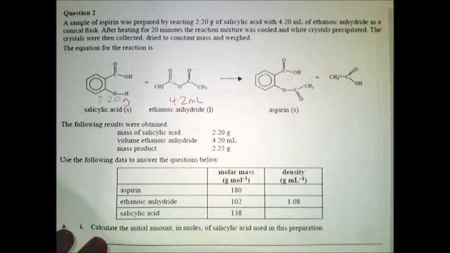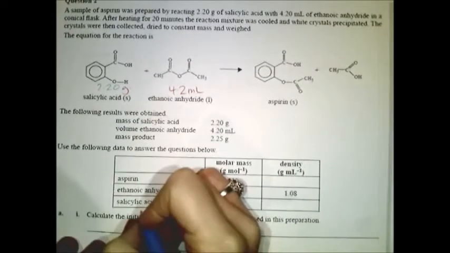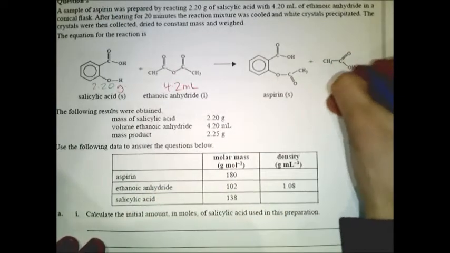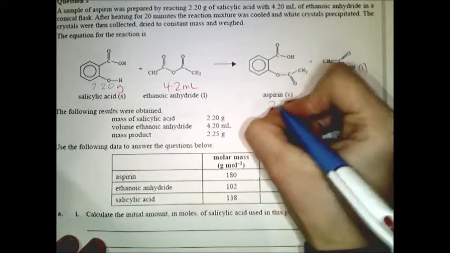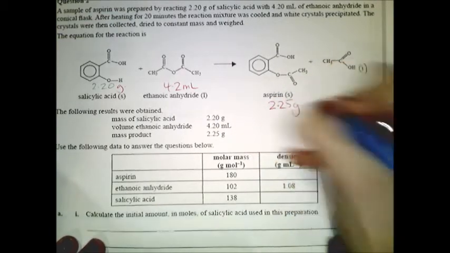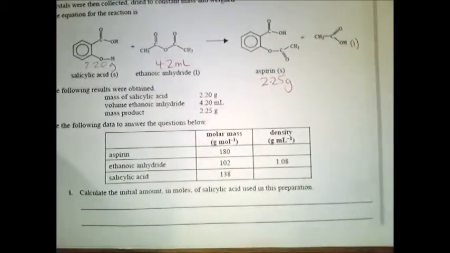After heating for 20 minutes, the reaction mixture was cooled and white crystals precipitated. The crystals were then collected, dried to constant mass, and weighed. So we get a mass of our product, and our product weighs 2.25 grams.